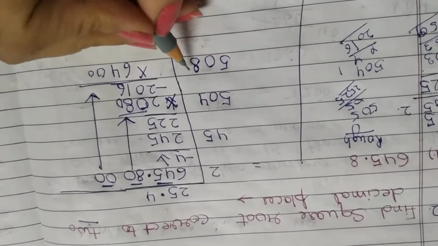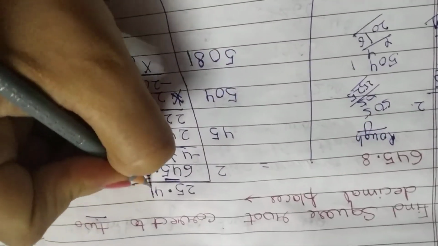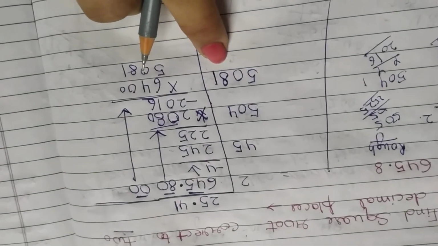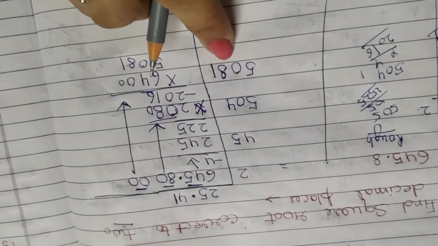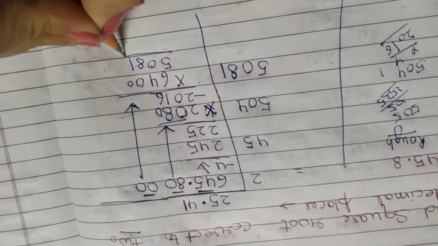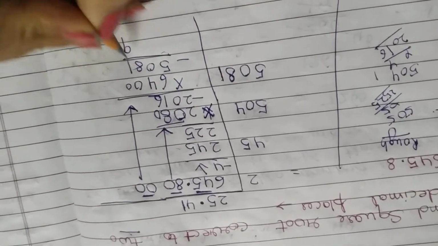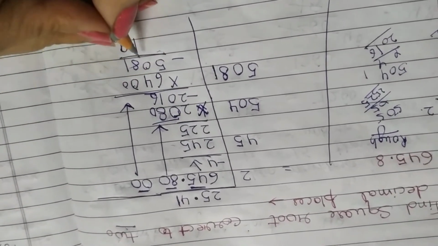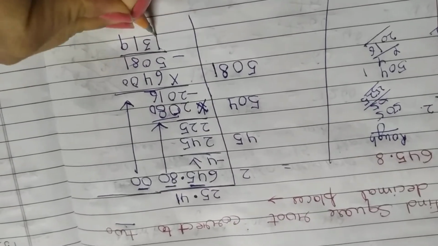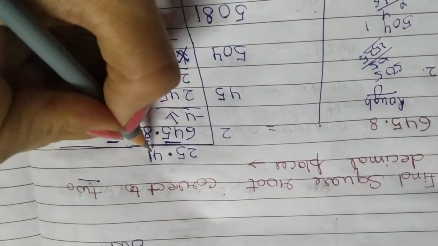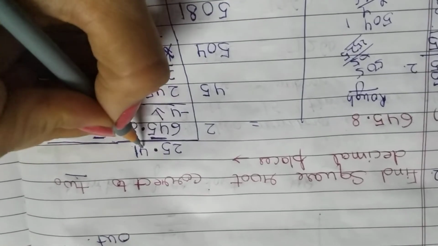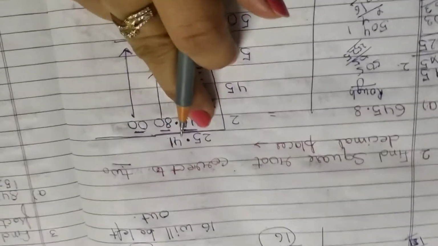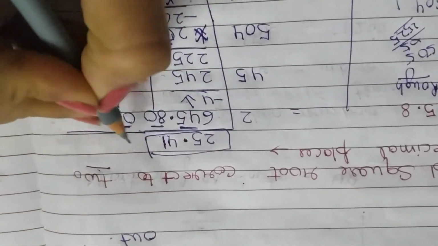Now I'll take one more number, it's 1, 5081, because if I'm using greater than 1 like 2, the number becomes too large, so I'm taking 1 only. 10 minus 1 is 9, here comes 9 minus 8 is 1, it's 3, it's 1. Now I have got a number up to two decimal places. After the decimal I have got 2 digits, so I need not solve it more. This is the answer. So 25.41 is the answer.